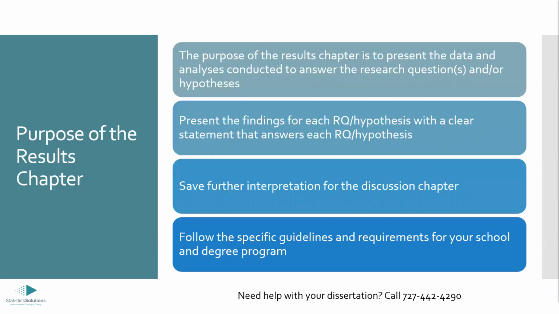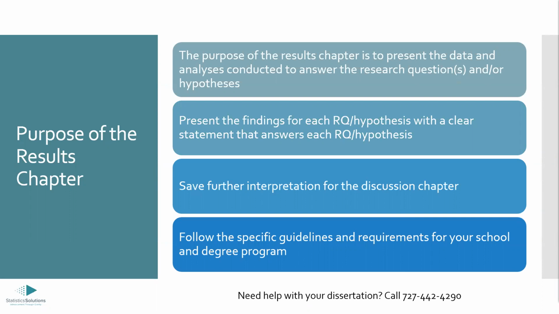So first, let's talk about the purpose of the results chapter and why it's important to the dissertation. So the purpose of the results chapter is to present the data and the analyses that you have conducted to answer the research questions or hypotheses for your study.